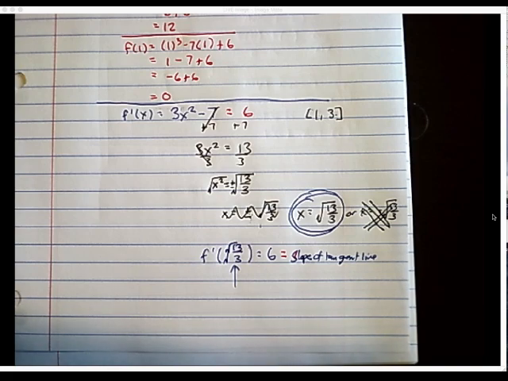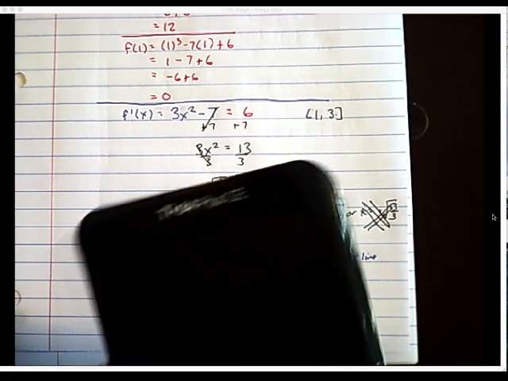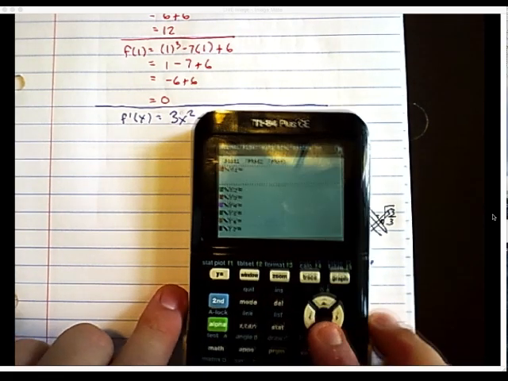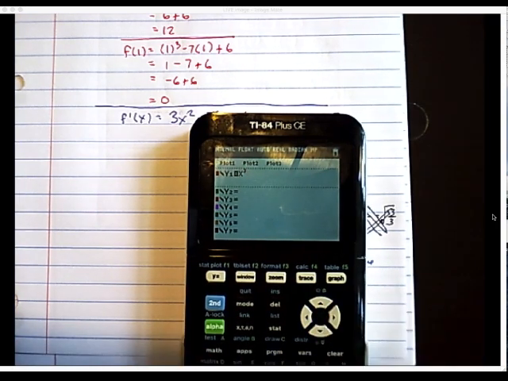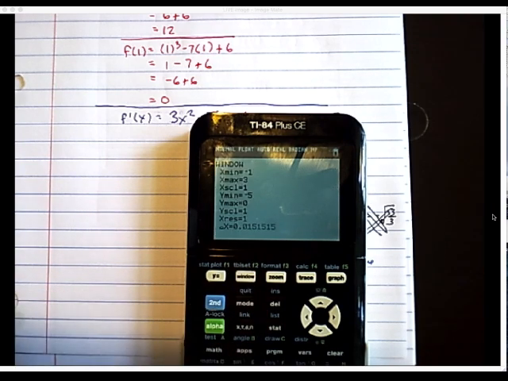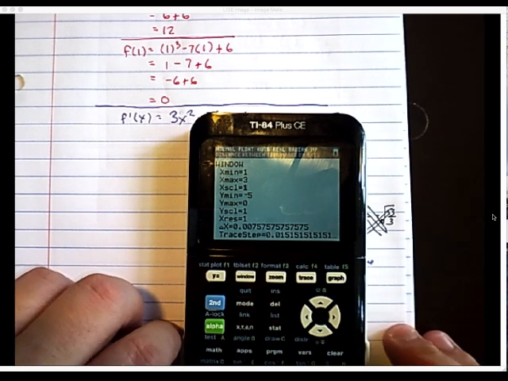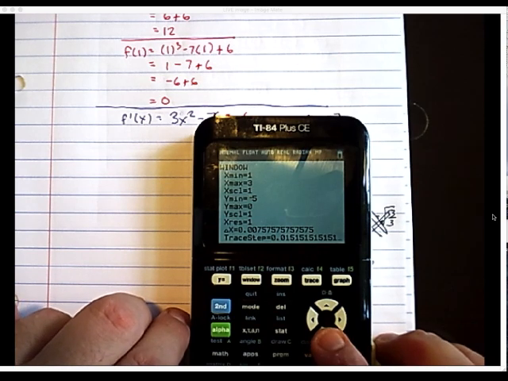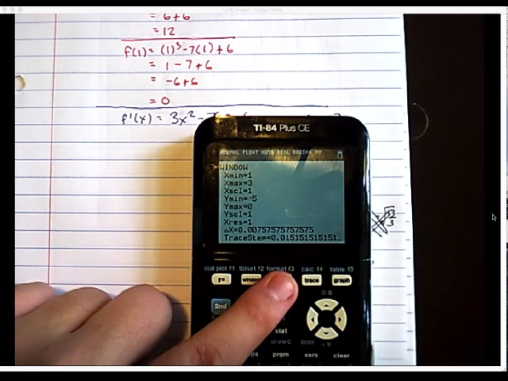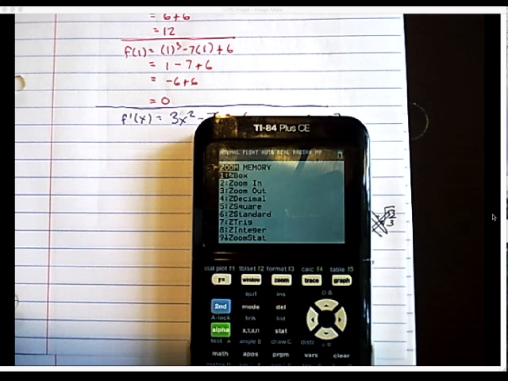So I just want to show you graphically what we have here. So let's put in the original function. Okay, let's put in x cubed minus 7x plus 6, but I'm going to change my window. I only care about this between 1 and 3. And let's just do a zoom fit after that.